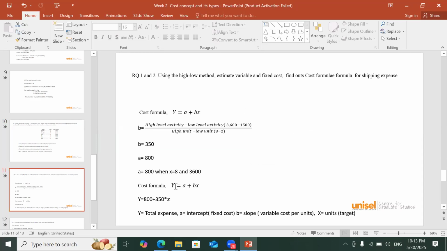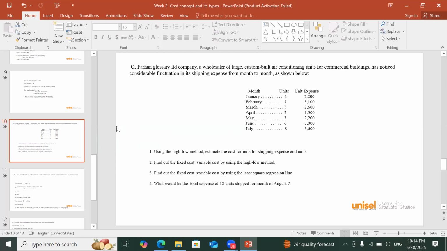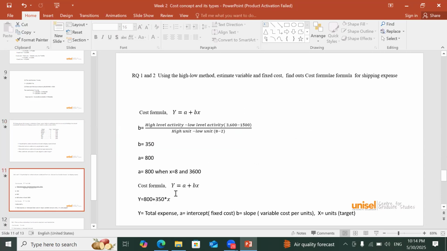Y is equal to 3,600, and A we don't know, plus B. The B value is 350 into X. X is equal to the high unit, 8. So 3,600 is equal to A plus 350 into X, X is equal to 8.